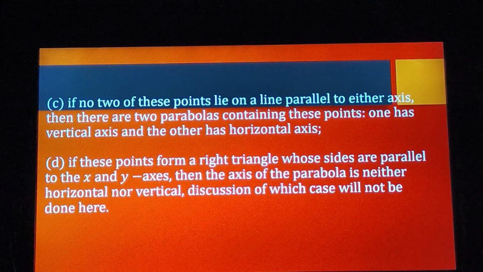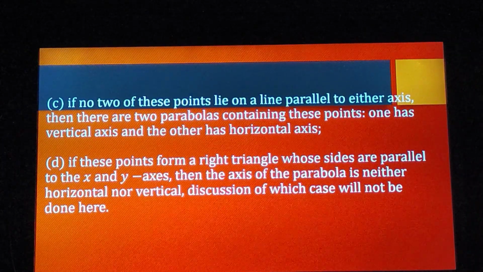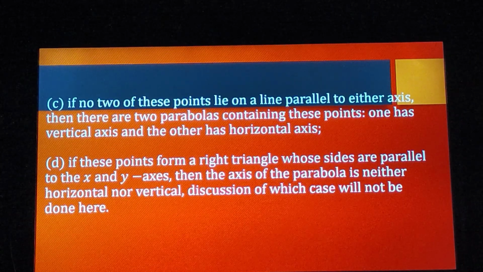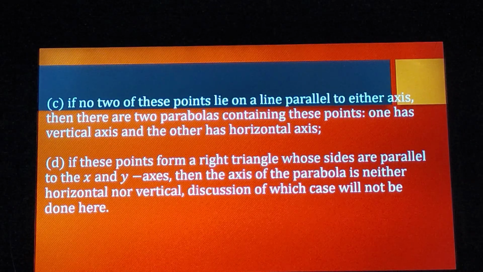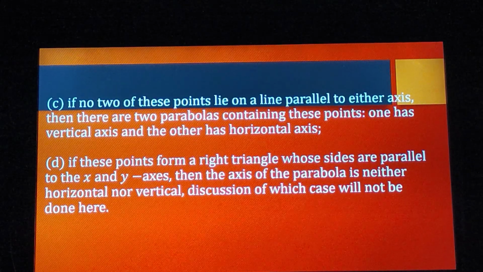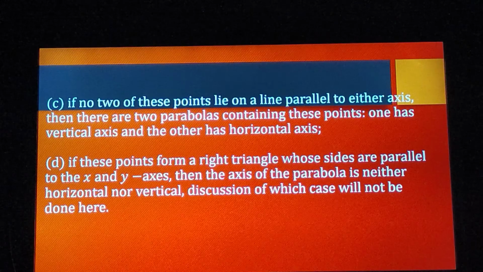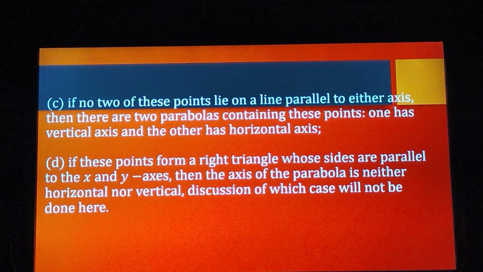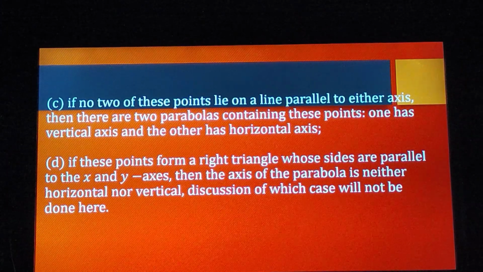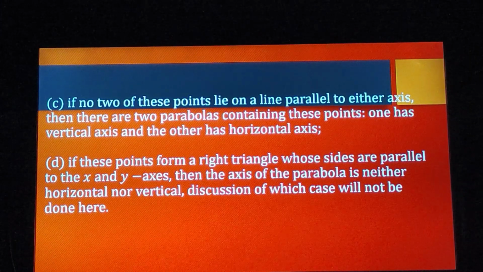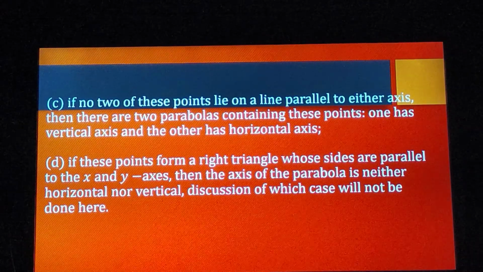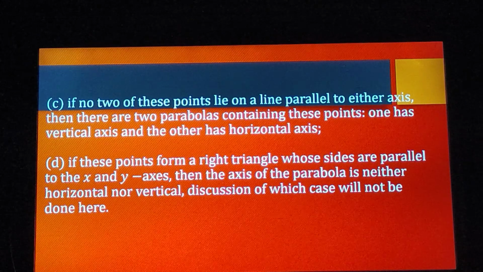Letter C, if no 2 of these points lie on a line parallel to either axis, then there are 2 parabolas containing these points. One has vertical axis and the other has horizontal axis. Case D, if these points form a right triangle whose sides are parallel to the x and y axes, then the axis of the parabola is neither horizontal nor vertical, and discussion of this case will not be done here.